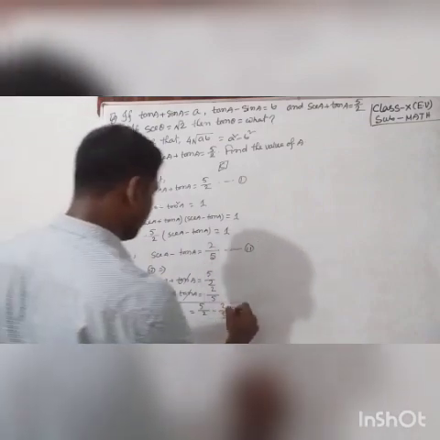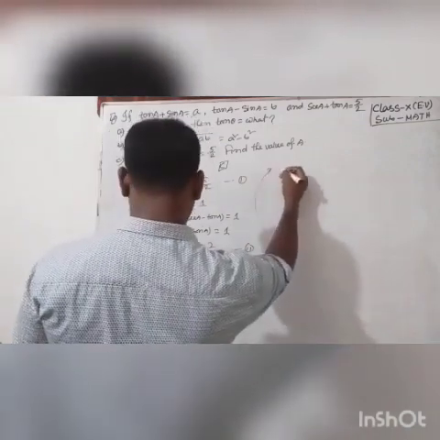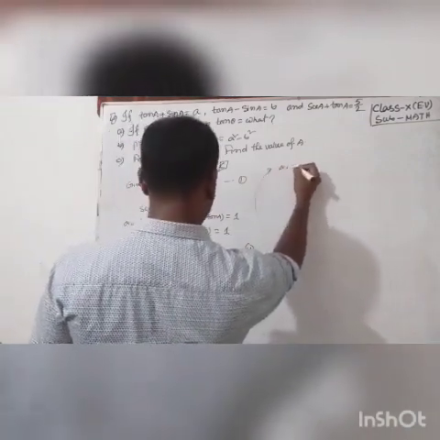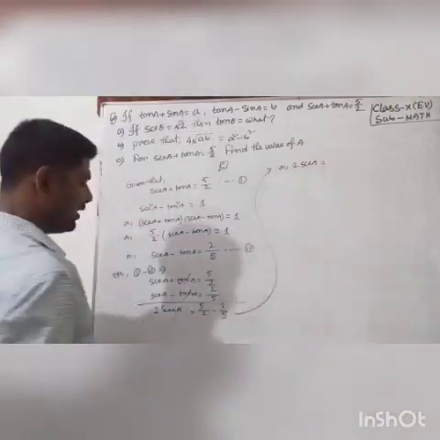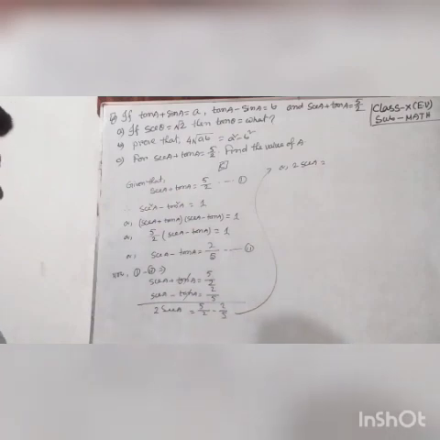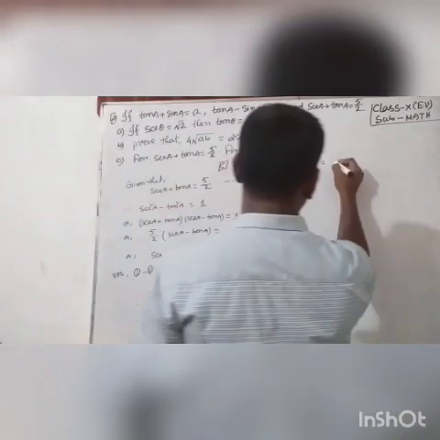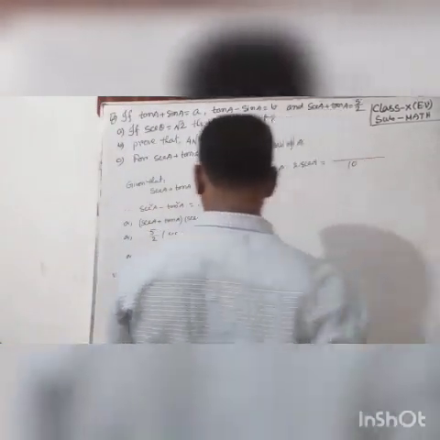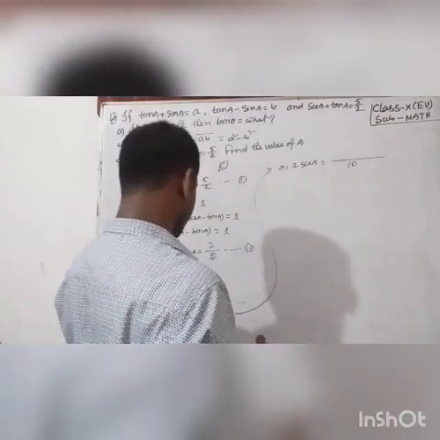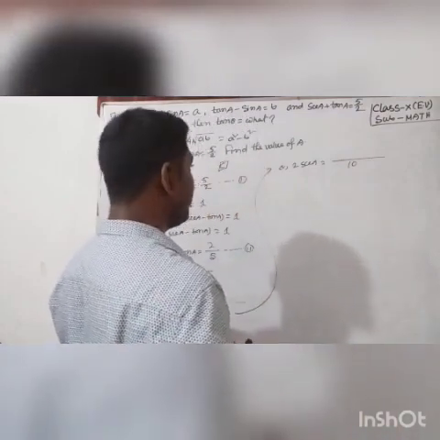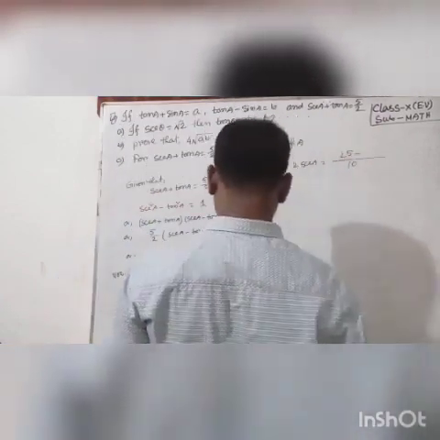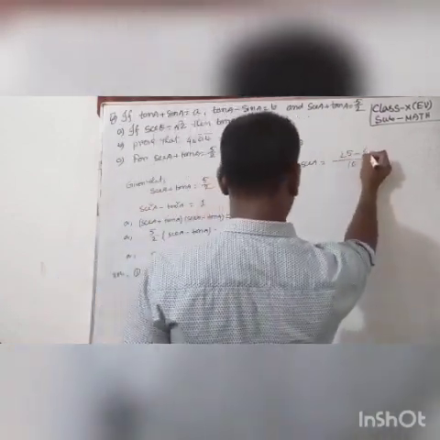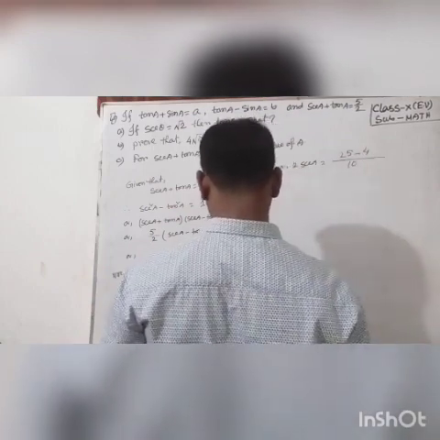Or 2 sec a equals, the LCM of 2 and 5 will be 10. When you divide it by 2 it will be 5, and 25 minus 4.